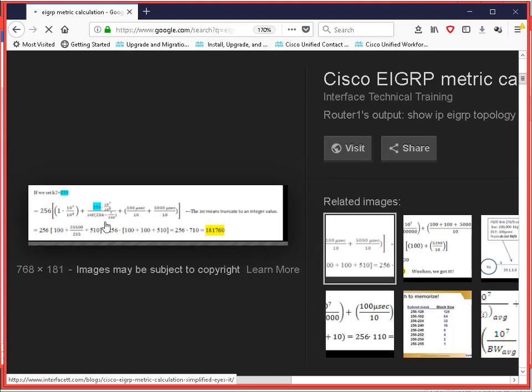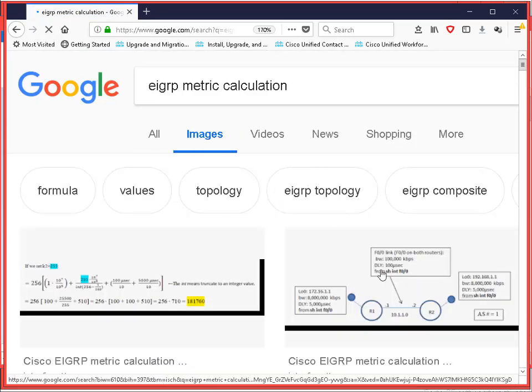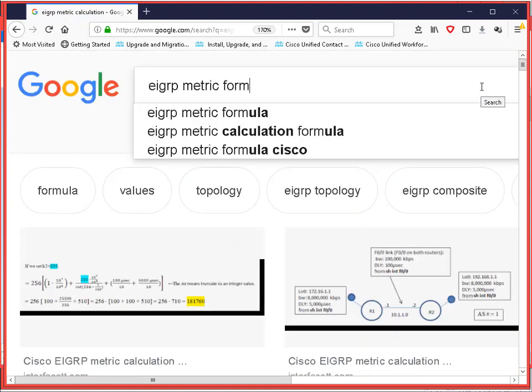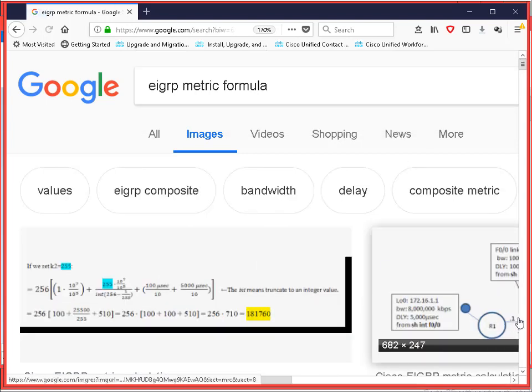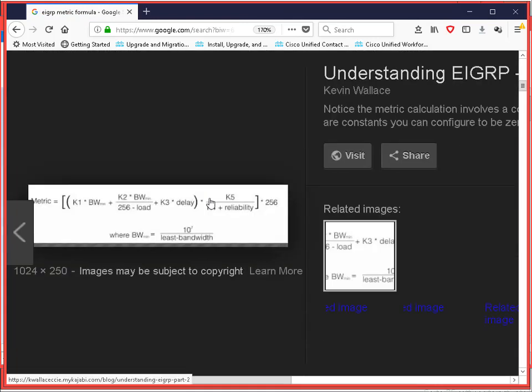All right. Well, that's not a good one because they already filled in the numbers. Let me get one that has the variables in it. Let's do formula. There's the formula right there. Okay.